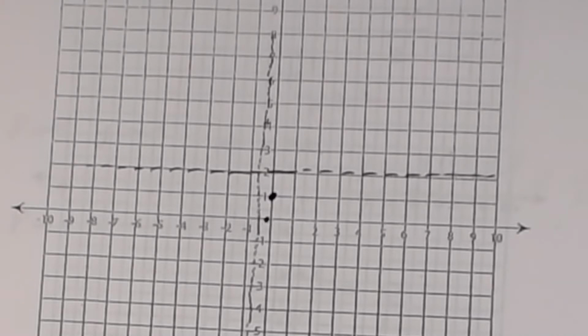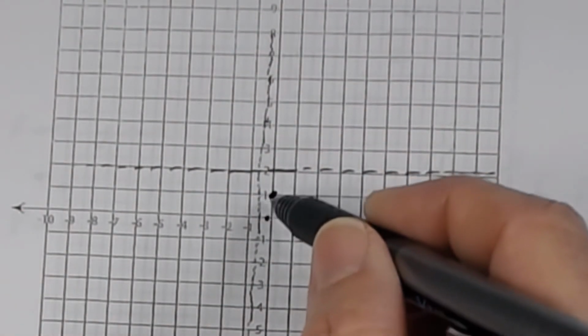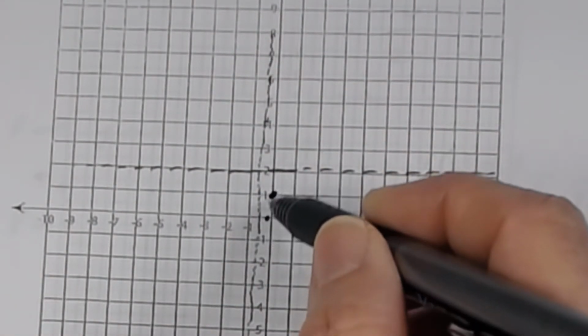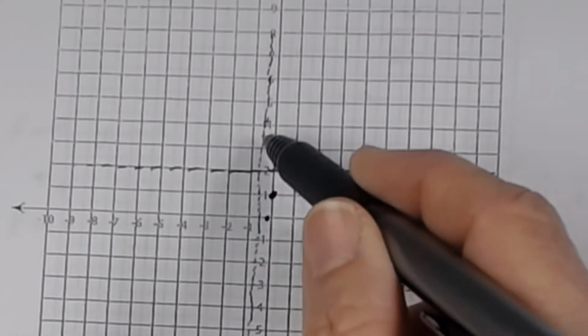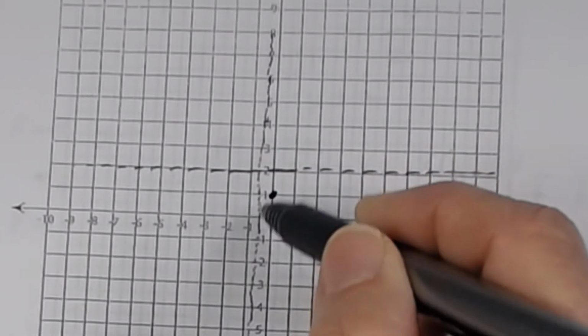Will the graph ever cross the vertical, yes or no? No, because that's where it's undefined. The graph may at times cross the horizontal, but for us today it won't. So here's the idea. You see how I have 2 points here that are between this vertical and this horizontal?